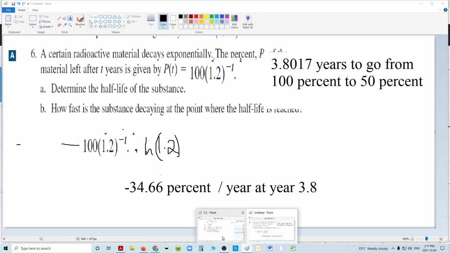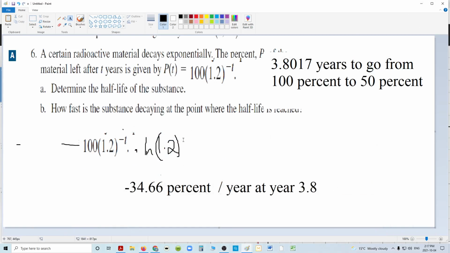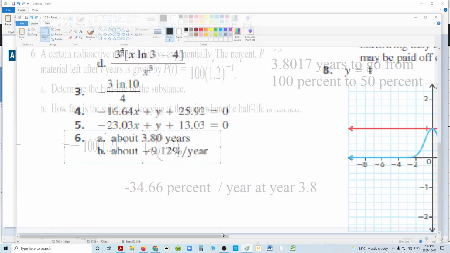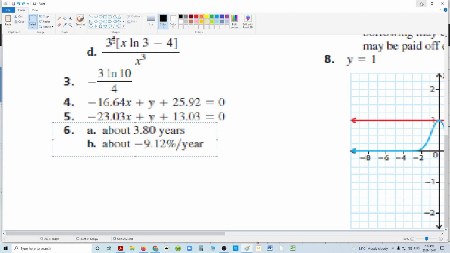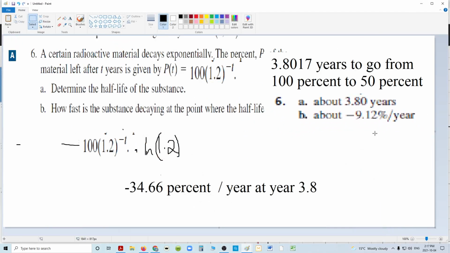So let's see if we got it. No, we didn't. We got the years it takes to, we got the correct year, but we didn't get the correct percentage.